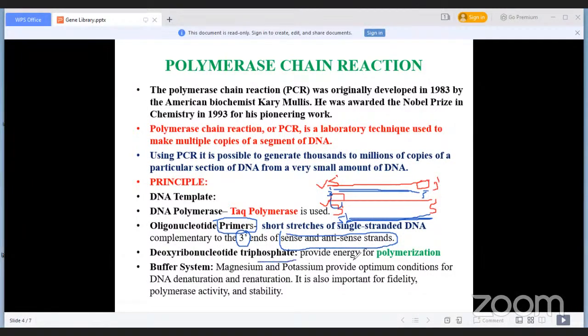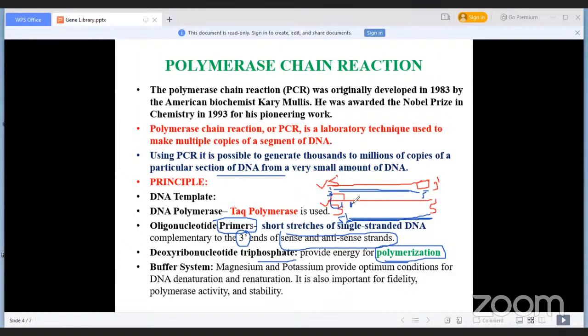Deoxyribonucleotide triphosphate provides energy for polymerization. What is polymerization? Building blocks for DNA synthesis. For example, this is one strand, this is the template strand, already given, 3 end to 5 end, and the new one 5 end to 3 end.